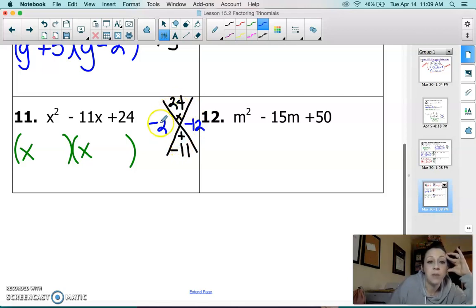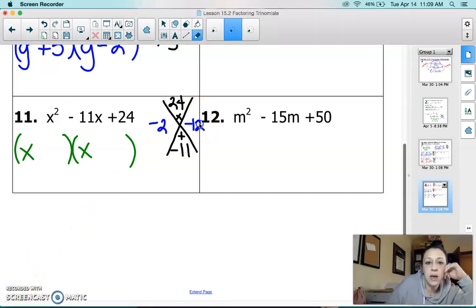Okay, so you could check in your calculator to just see kind of what I'm talking about. But negative 2 times negative 12 still equals positive 24. When I add negative 2 plus negative 12, I actually get negative 14, which is close. I need negative 11, so I'm not super far off here.